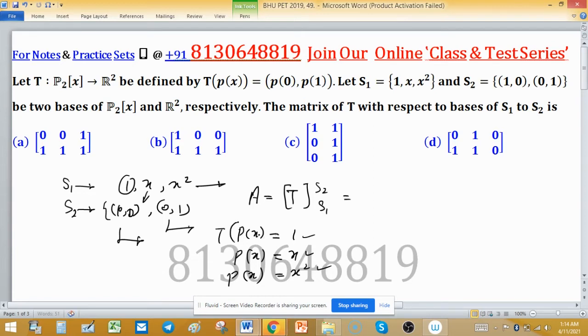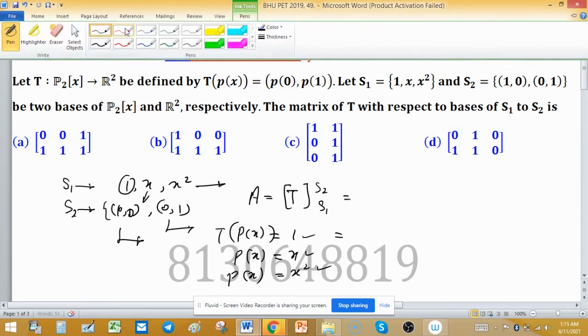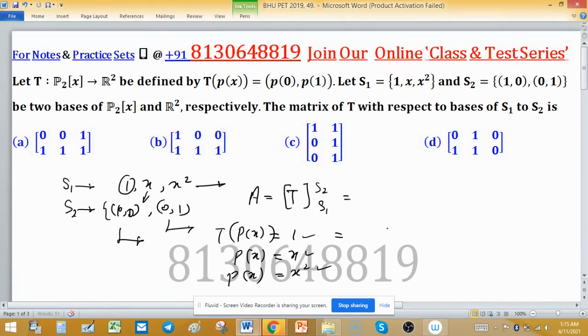After applying T on these, T will send the image of P as P0, because this is a constant polynomial. So P0 and P1 are the same. P0 is also 1, and P0 and P1 both are the same. So this is an ordered pair. Write this image with the help of the basis of the codomain.